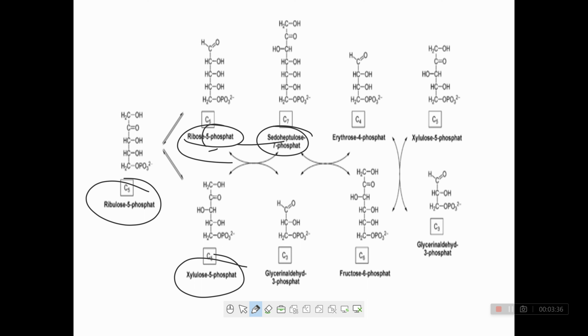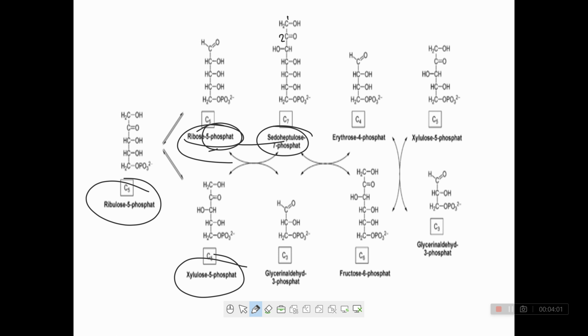7-phosphate, 5-phosphate: 5-phosphate means the phosphate group is present at the 5th carbon, and 7-phosphate means the phosphate group is present at the 7th carbon. See here, suppose numbering starts from here, because the hydroxyl group has higher priority than the phosphate group.